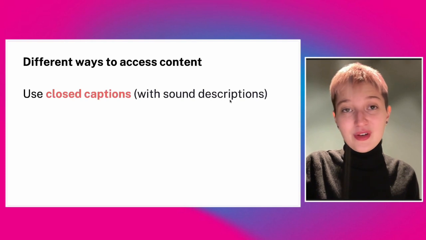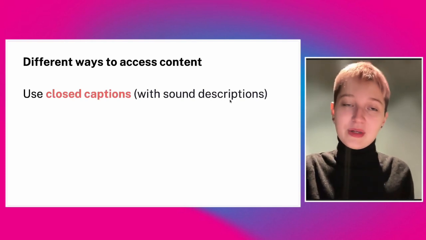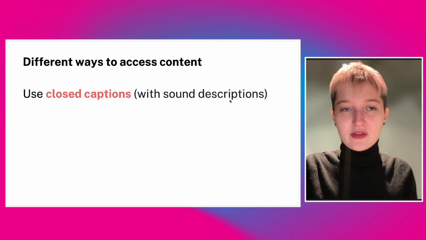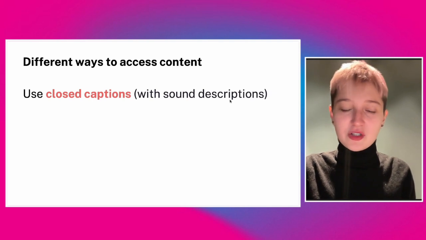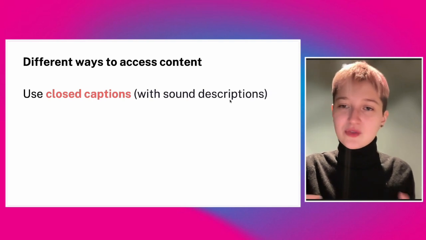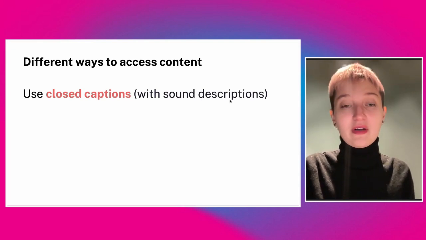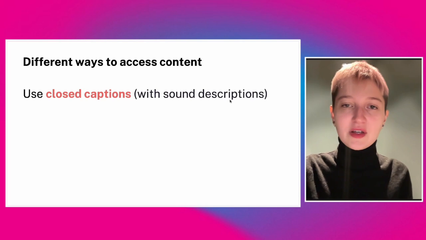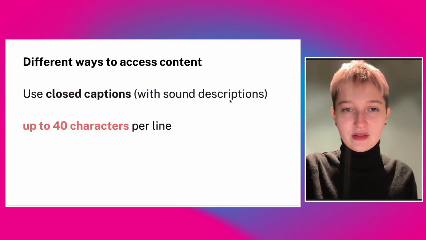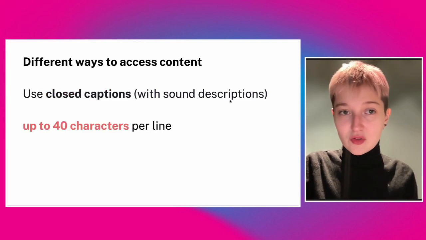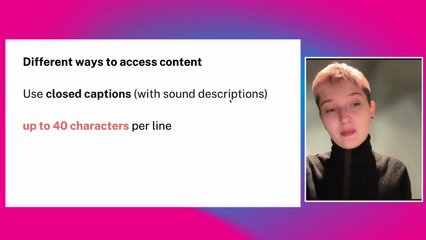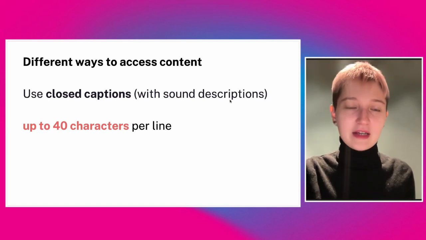And even if we have a material that's a video, it's also a good practice to use closed captions, not just subtitles, but closed captions with sound descriptions, because some people on the neurodiversity spectrum find it hard to focus just on the sound, to process the sound only. And when it comes to closed captions, it's a good practice to keep them up to 40 characters per line.